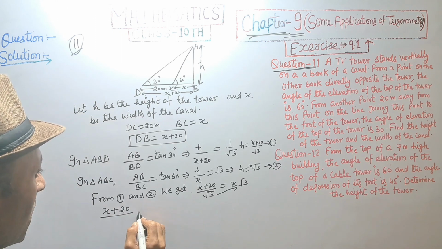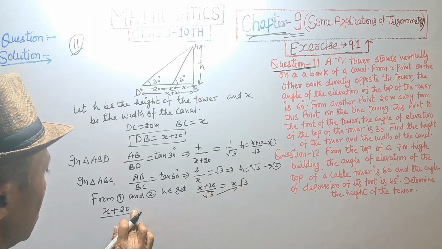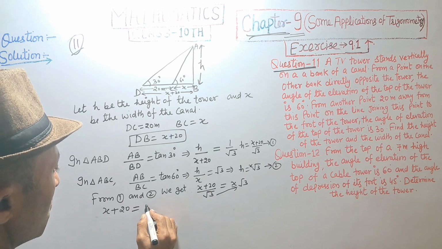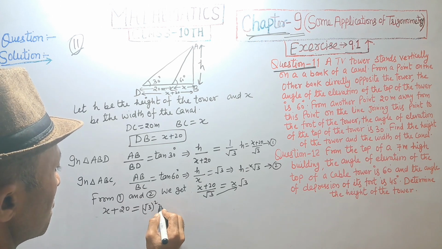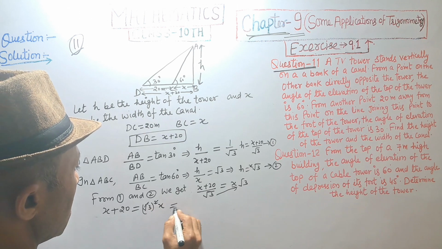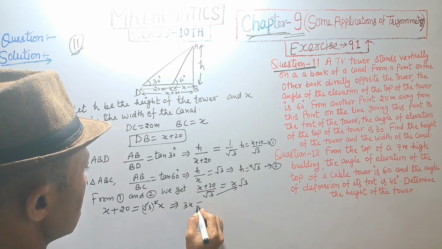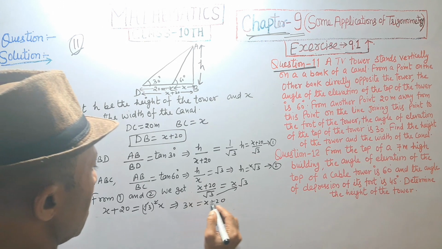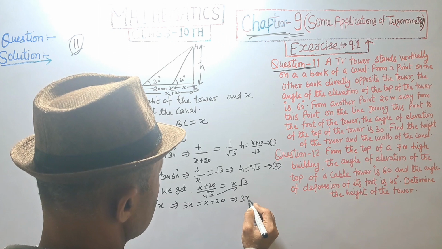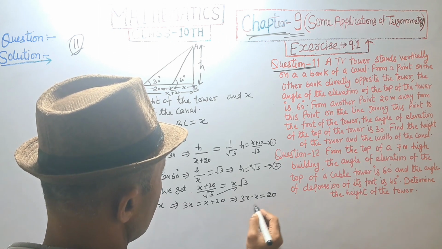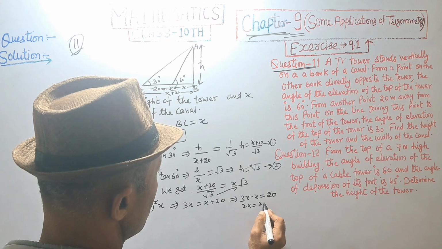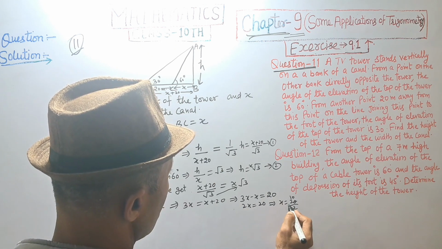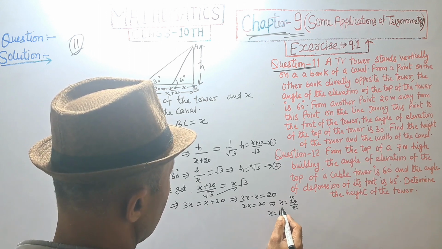Multiplying by root 3, X plus 20 is equal to root 3 square X, so 3X is equal to X plus 20. Shifting X to the left side, 3X minus X is equal to 20, 2X is equal to 20, X is equal to 10.